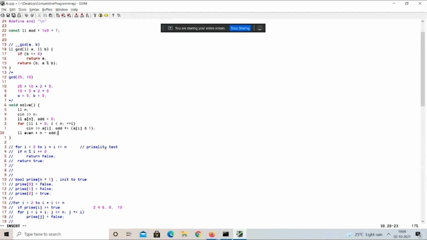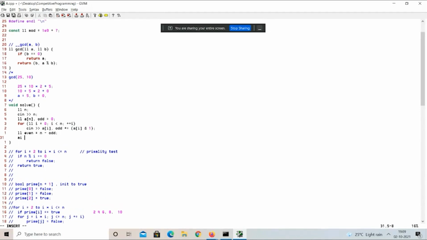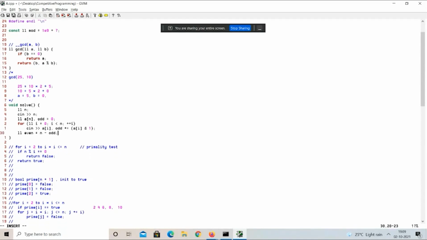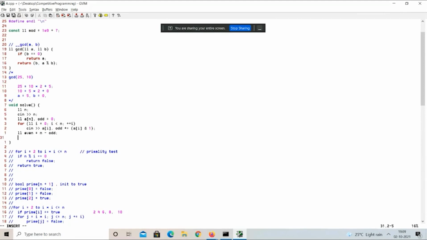So you have to find the number of pairs i and j, a[i] and a[j], such that a[i] plus a[j] is odd. For that, you find the number of even integers. One observation is that 3 plus 4 is 7. So 3 is odd and 4 is even. An odd integer and an even integer together give an odd sum.